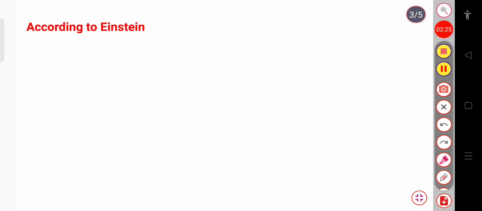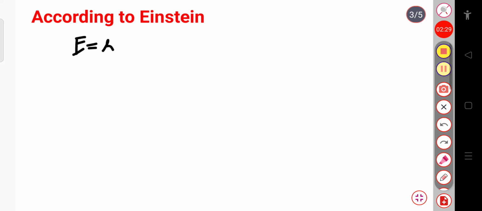Now according to Einstein, on the basis of quantum theory, E equal to h nu, where h is Planck's constant and nu represents the frequency. If I multiply and divide by 2 pi, this will be 2 pi h nu divided by 2 pi.